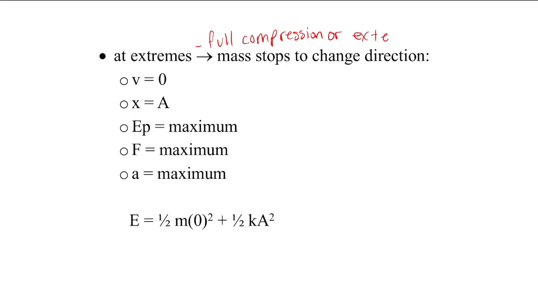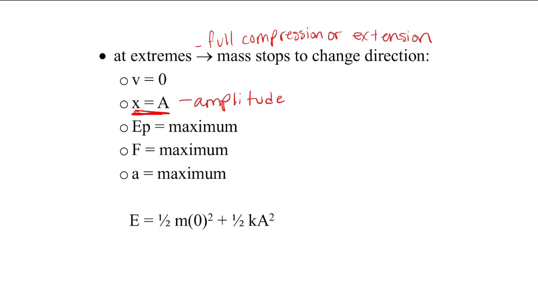Then the mass has to stop to change direction. So of course our velocity is 0. So our x is the amplitude, right? Because amplitude is our maximum extension or maximum compression, which should be the same value. So of course our potential energy is at a maximum.